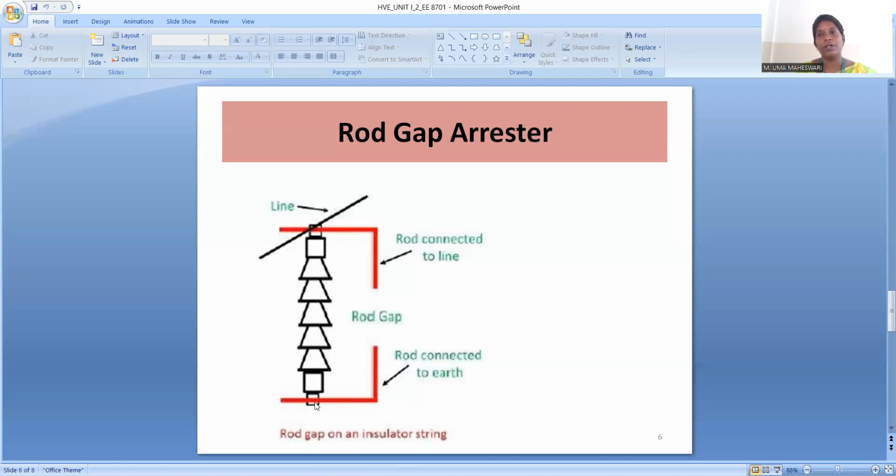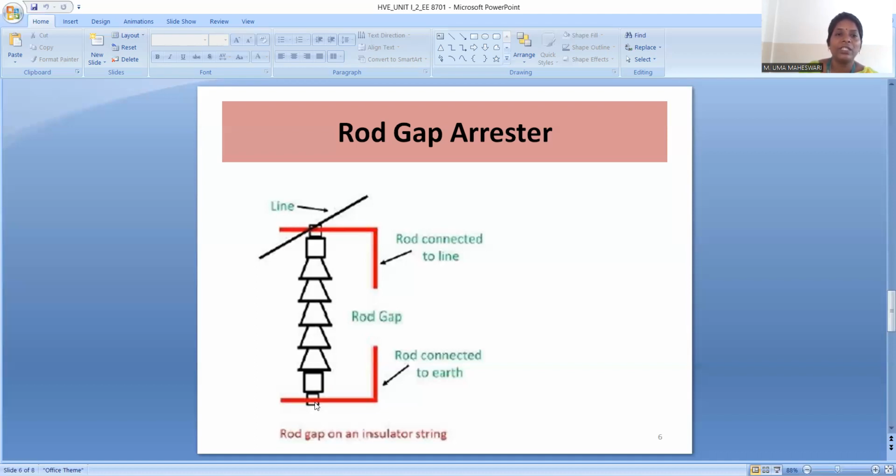Now we'll see what are the advantages of this rod gap arrestor. It is simple in construction and it is cheap. And what about the limitations? These rod gap arrestors get melted or damaged due to excessive heat produced by the arc. Various climatic conditions, such as rain, humidity, and temperature, affect the performance of the rod gap arrestor.